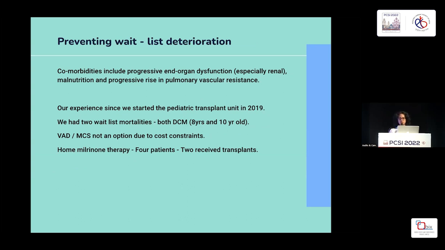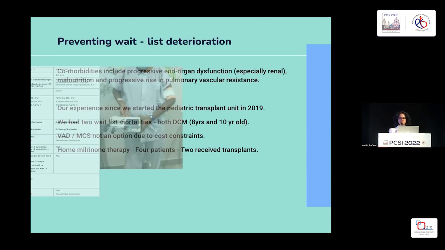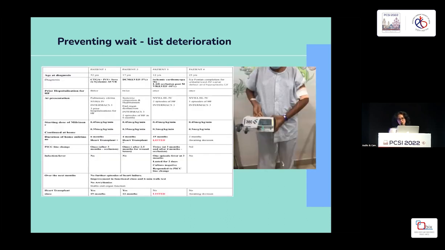So we started home milrinone therapy, and we have had 4 patients on home milrinone therapy, of which 2 have received transplant. The longest patient has been on home milrinone for nearly 9 months. She's still yet to receive a transplant. The last patient is a post-Fontan immediate failure due to AV valve regurgitation. She is still waiting for an organ on home milrinone therapy.